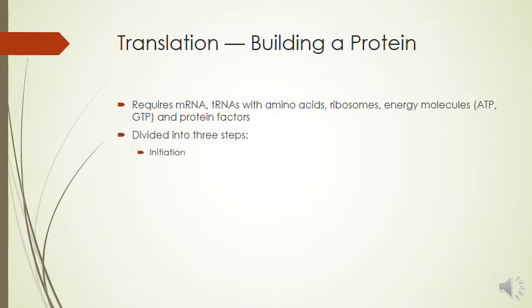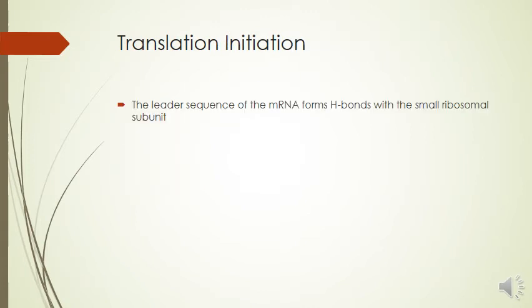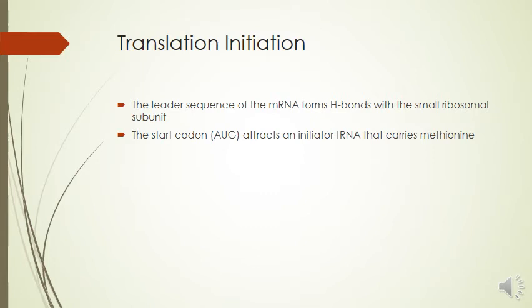Translation is divided into three steps: initiation, elongation, and termination. The translation initiation is where the leader sequence of the messenger RNA forms hydrogen bonds with the small ribosomal subunit. The start codon, AUG, attracts an initiator transfer RNA that carries methionine.